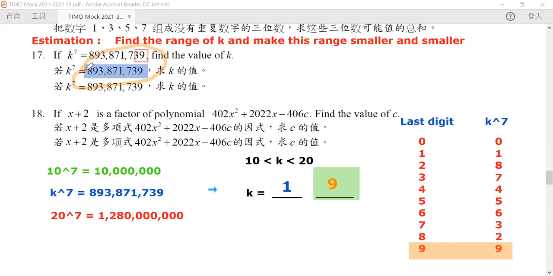But since in this question it is given to you that this is really the 7th power of some integer, we can use it to estimate what this unit digit is. Since we know the unit digit, we know the tens digit, and hence we know exactly what this number is. So this is how we get this number.